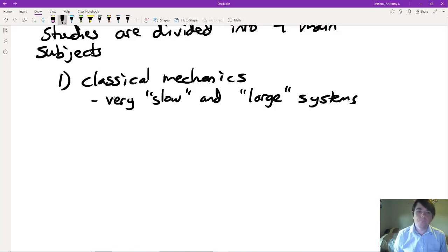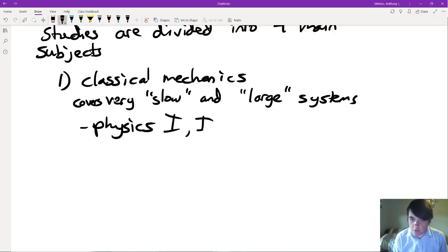Okay, so this covers very slow as well as large systems. Okay, this would be covered in Physics 1, a little bit in Physics 2, and maybe some biology as well, technically. Okay, there's biophysics. Okay, sometimes biophysics is on the quantum scale, sometimes it's not. It depends on the structures to where these type of rules will apply.